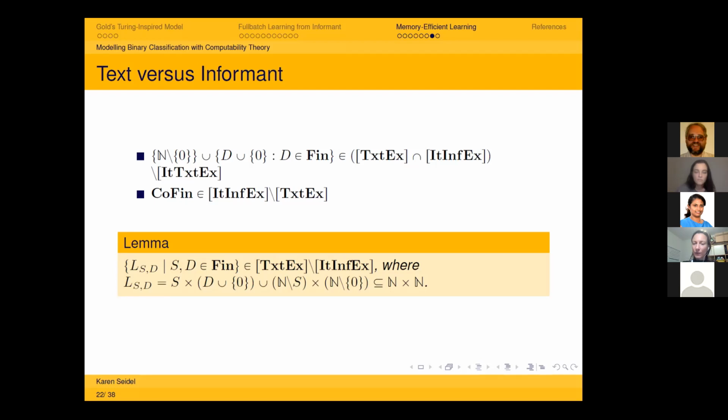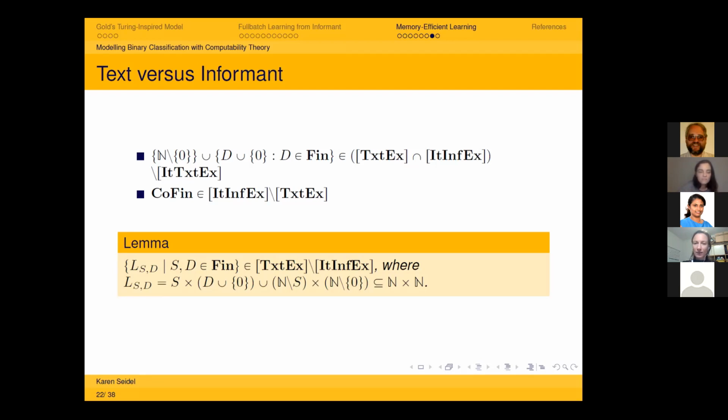On the other hand, when learning from Informant, some ideas that are very complicated for learning from text become easy. And there are also results that are very complicated and complex when learning from text, but cannot at all be transferred to learning from Informant.